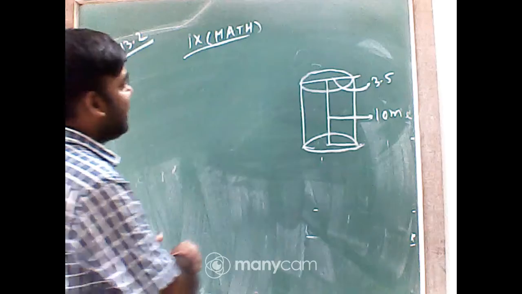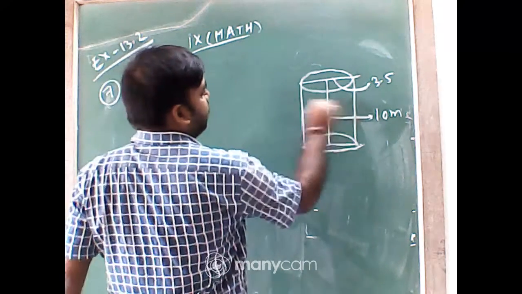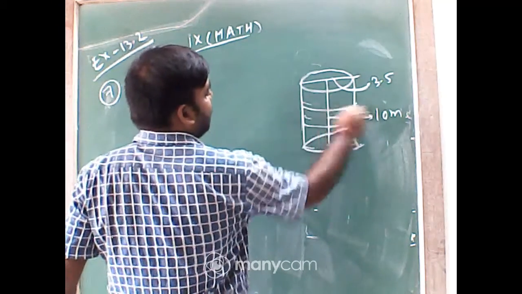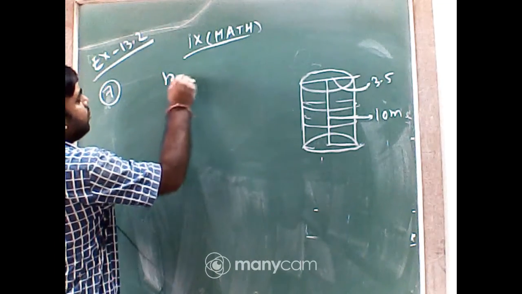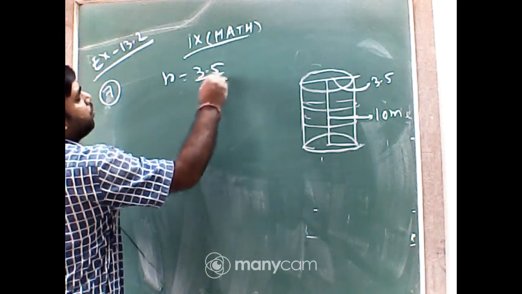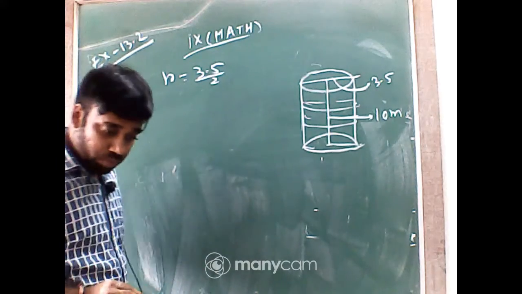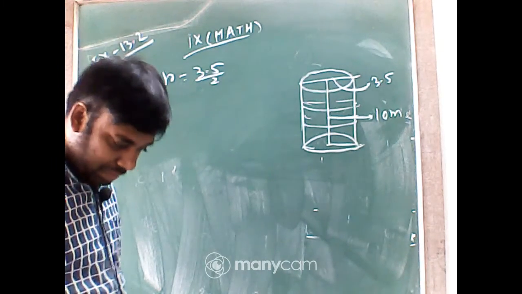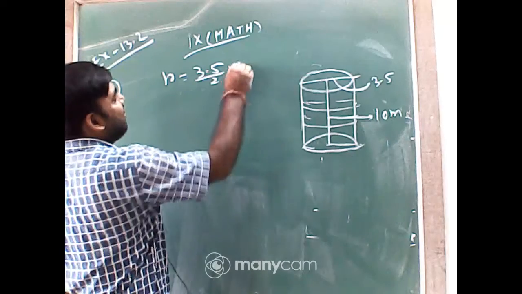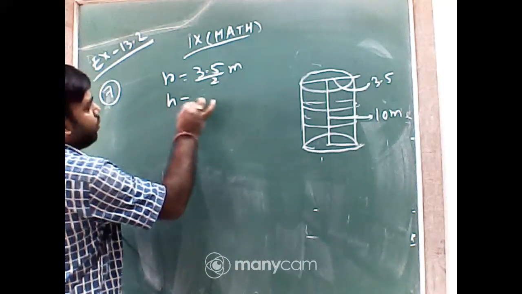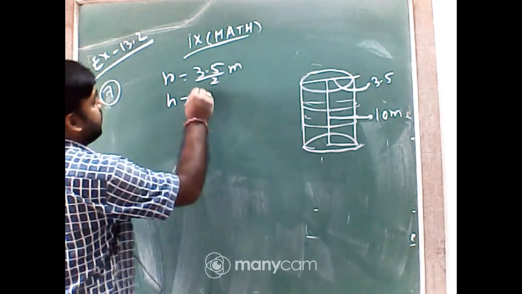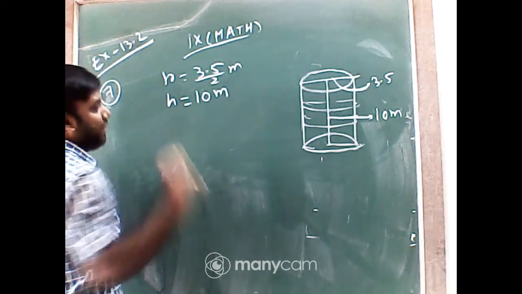Inner curved surface area means the inner portion, the curved surface area. So here r equals 3.5 by 2, in meter, and no need to convert it. And h equals 10 meter.